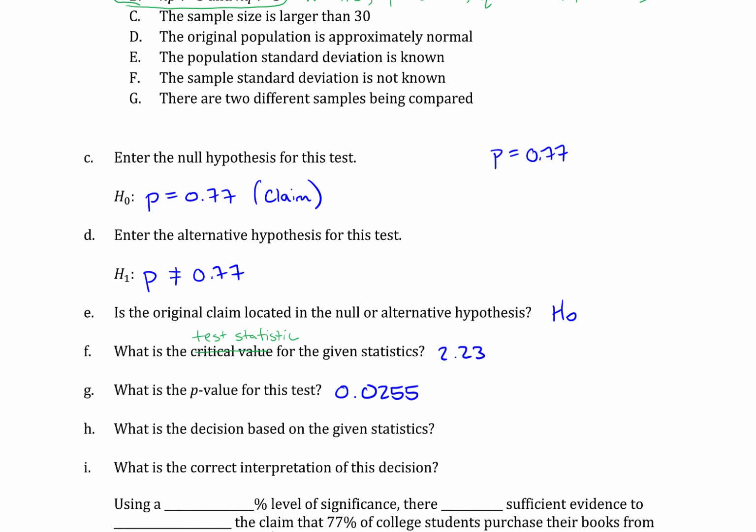What is the decision based on the given statistics? To get the decision, we take our p-value. I know the letter p gets floating around quite a bit in these kinds of tests, but just remember what each one means and what it's referring to as best you can. The p-value we just came up with, as a percentage, was 2.55%.